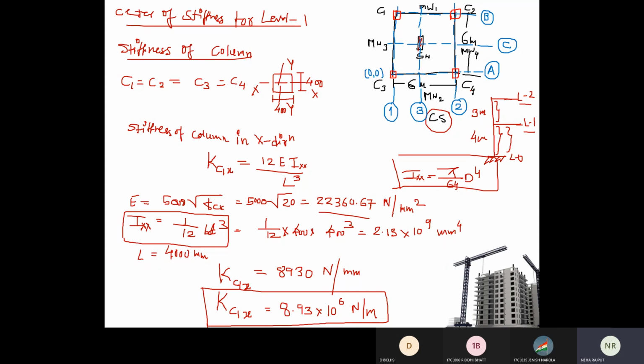In which direction, X or Y? What do you think?